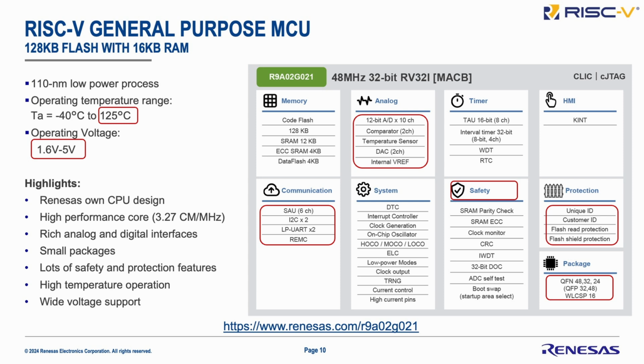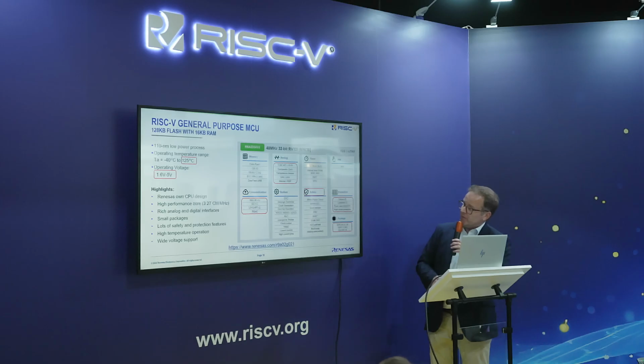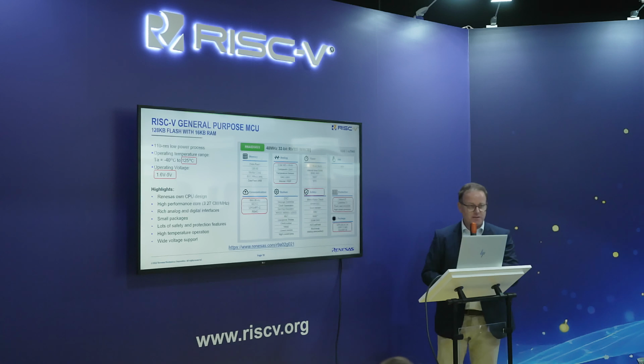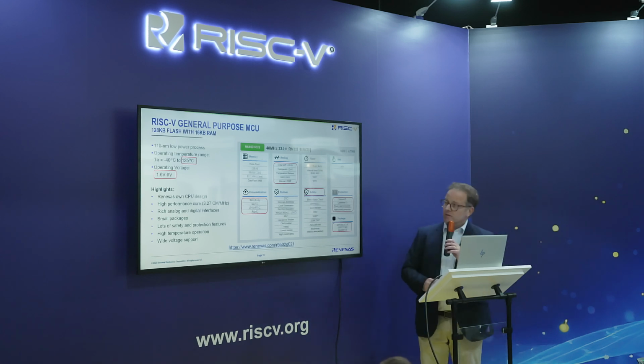product that embeds it. If we look at the peripheral mix, it's very attractive for mixed signals applications because it has quite a strong and broad support for analog interfacing, but also for connectivity.